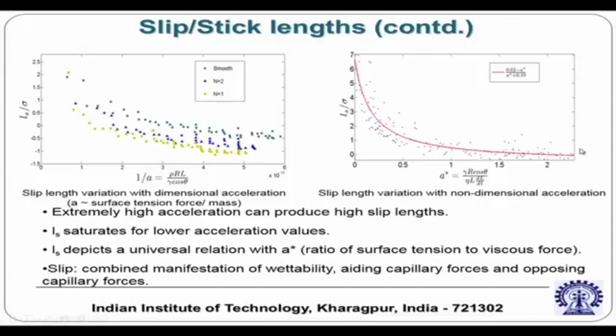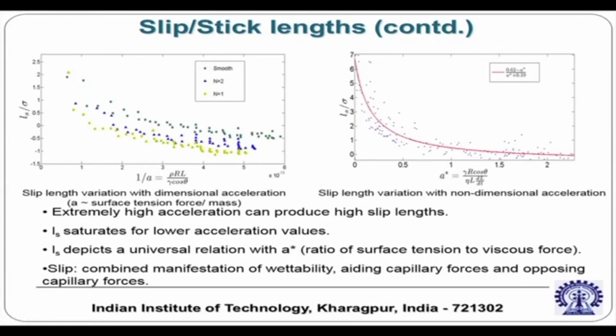So this Ls versus A star is a universal variation, and this variation does not depend on anything else, but it depends on the contact angle because in the A star there is contact angle. So we have now got the answer to the question, where from will we get the slip length?